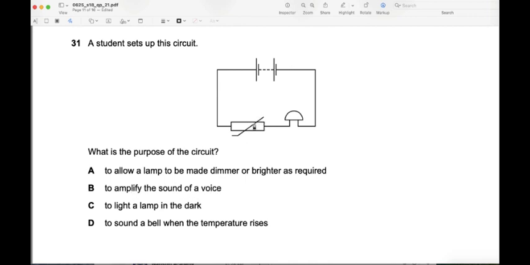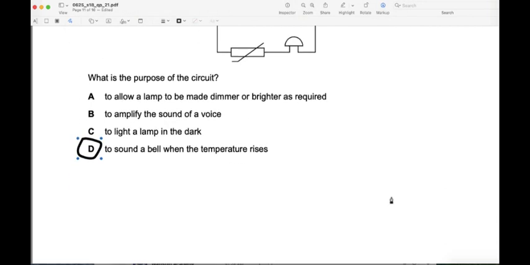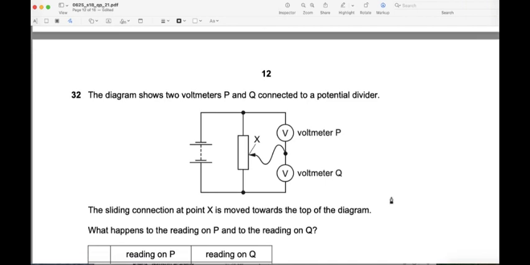It must have something to do with temperature. To light a lamp in the dark. To sound a bell when the temperature rises. Yes, to sound a bell when the temperature rises. So this is the most suitable option for the type of circuit we have seen. We go to the next one.